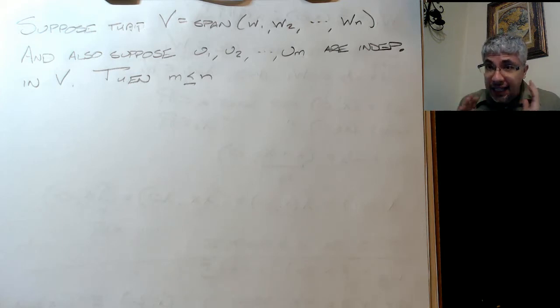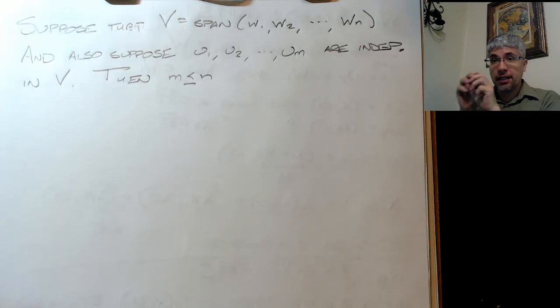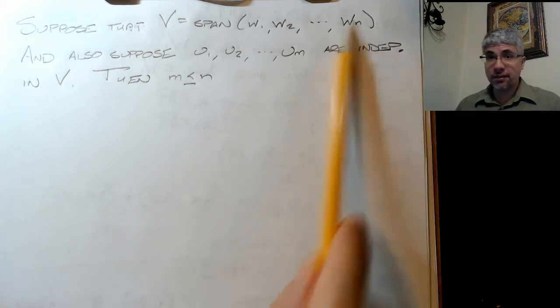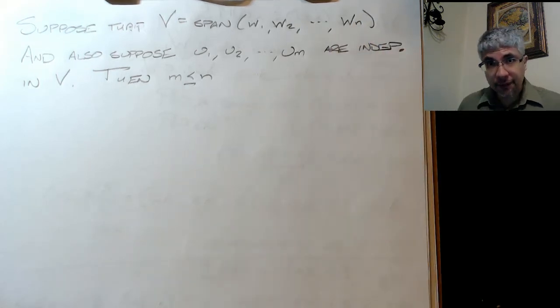If I take any independent collection of vectors, the size of that list is going to be less than the number of vectors in this span. Okay? So that's what we're showing.